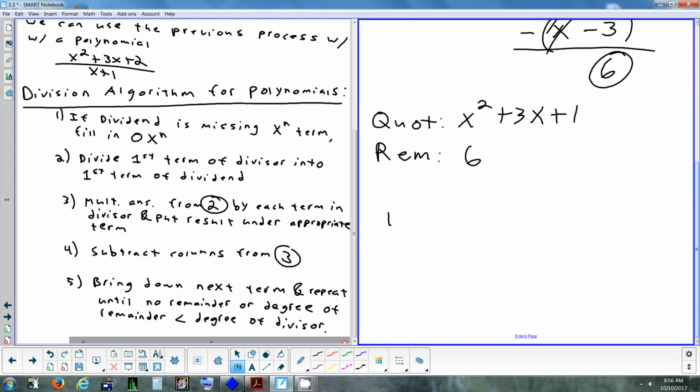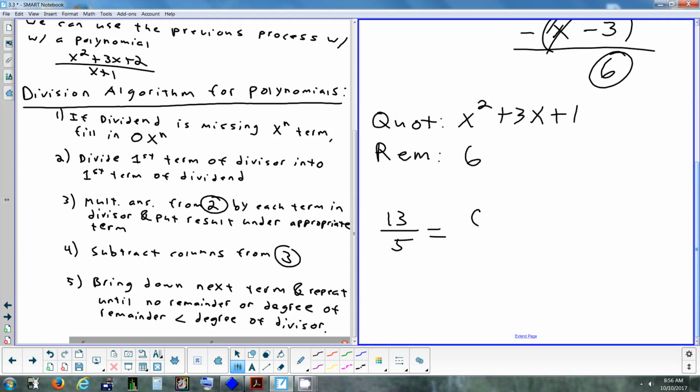Let's take 13 divided by 5, just as an example. What's the quotient when you divide that? Leo? 2. Yeah, 2. And what's the remainder? 3.